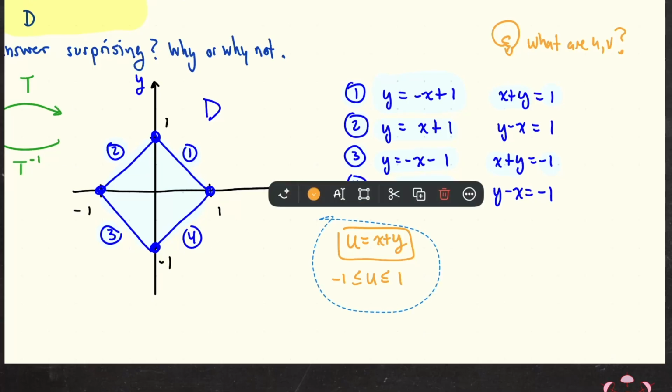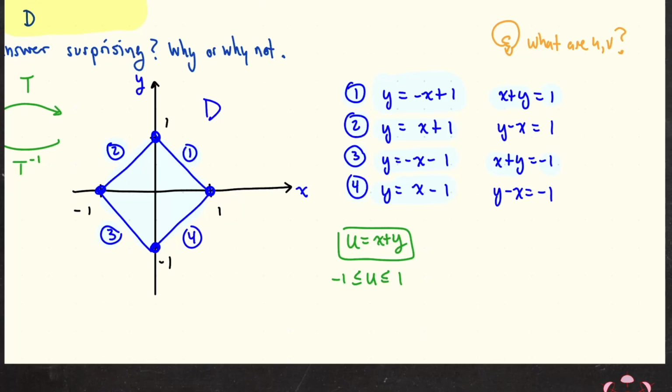Actually, let me make these transformations in green. Okay, what would be another choice? Well, I've got y minus x, and those go from -1 to 1. So that might be a great choice for our variable v. What does v go from? -1 to 1.